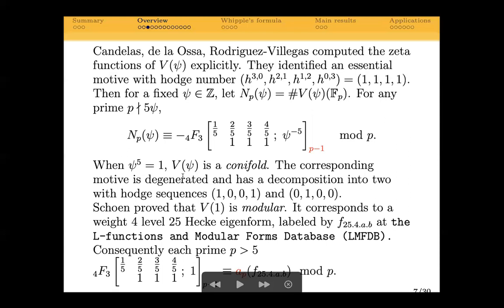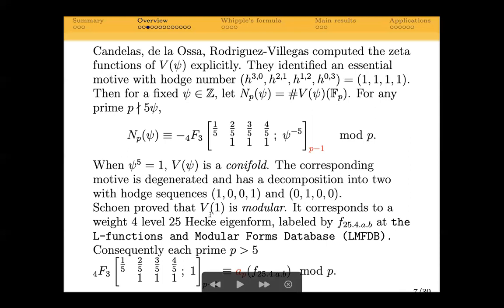When you get to the special choice, psi equals 1 or psi to the 5th power equals 1, the motif degenerates into a 3-dimensional piece and has a decomposition into 2 motifs. One has Hodge sequence 1, 0, 0, 1. The other is 0, 1, 0, 0.